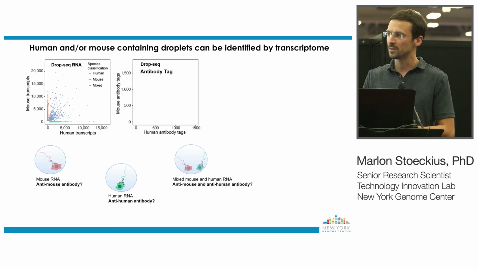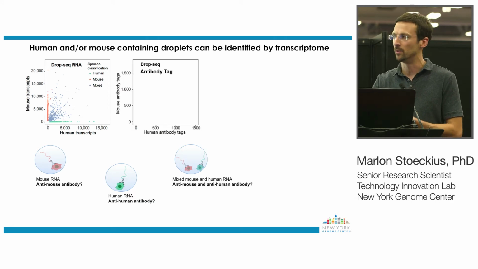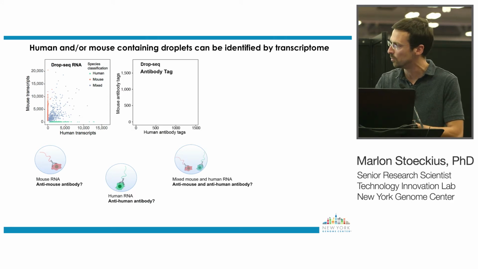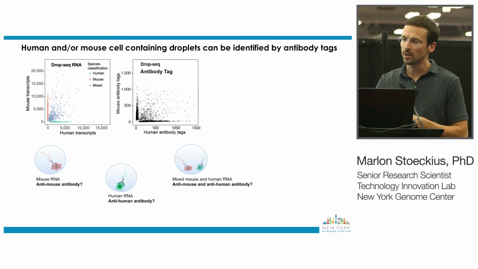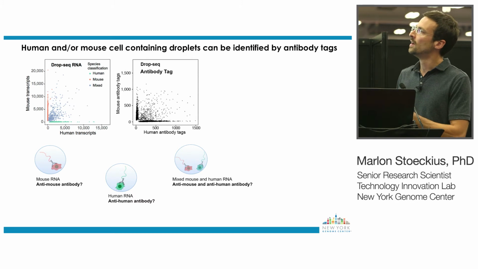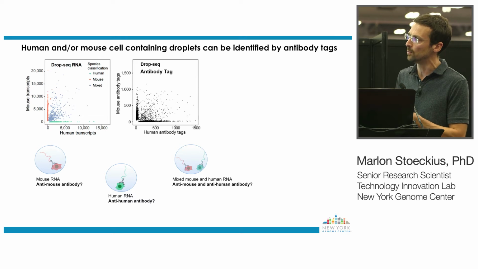And now, of course, the question is, do we also get an antibody readout from the human or the mouse cell, or a mixed antibody readout for these mixed cell populations? And when you look at the antibody tags from the human or the mouse, the data looks already, just by structure, very comparable. We see this nice mutually exclusive pattern and then some dots in the middle.